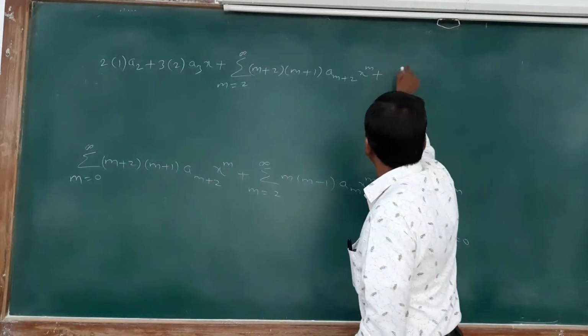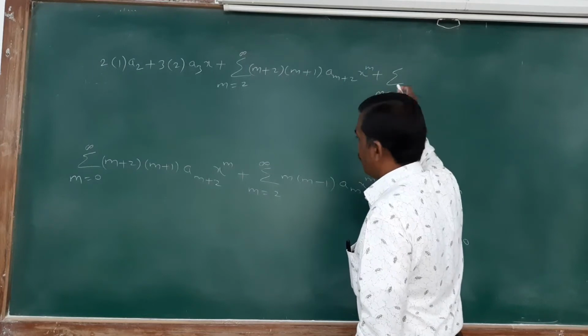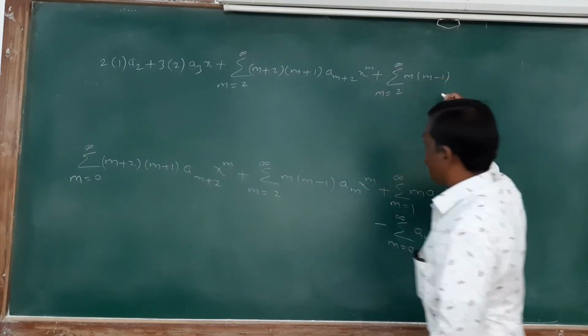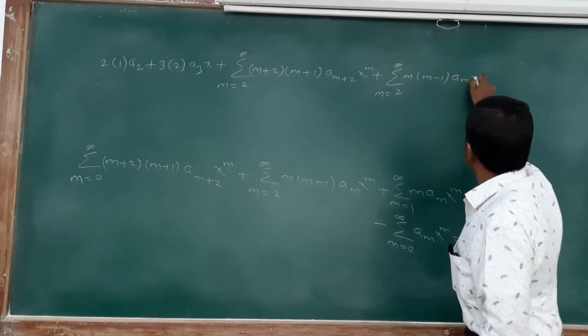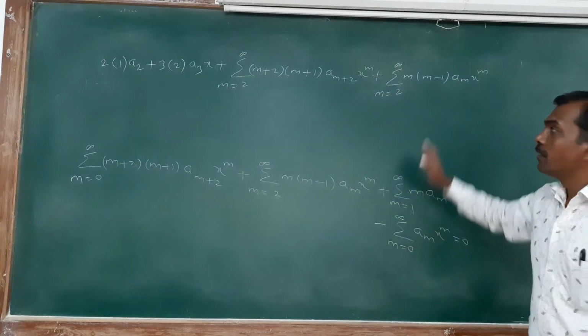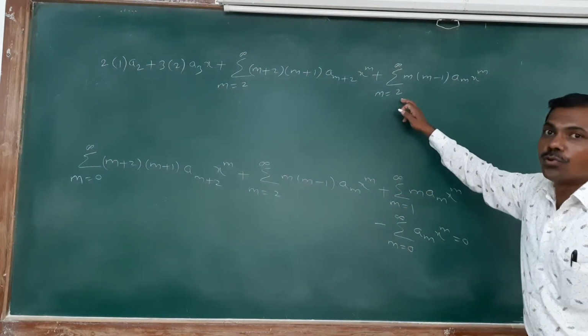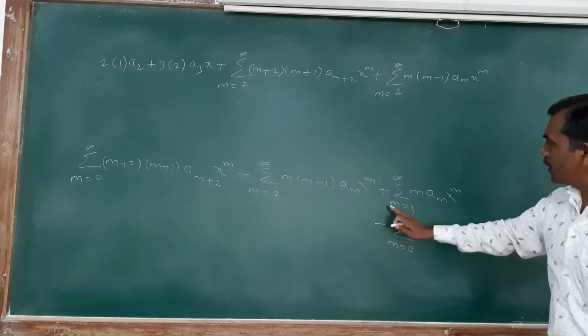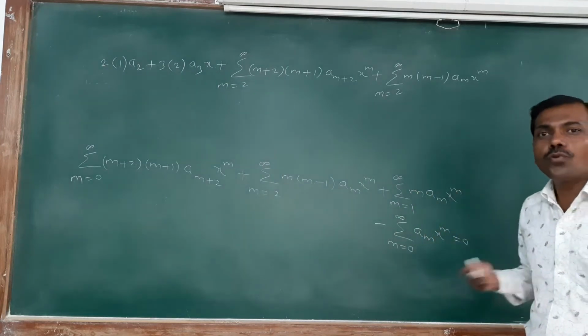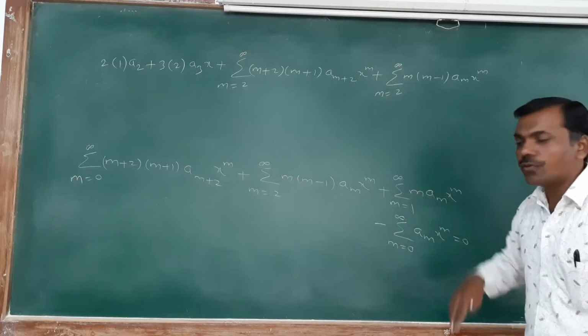So plus summation m is equal to 2 to infinity m minus 1 am x raised to m. Okay, so this series already starts from m equal to 2 to infinity. Third one, it starts from m equal to 1 to infinity. Right? But I want from 2 to infinity. So take one term outside.